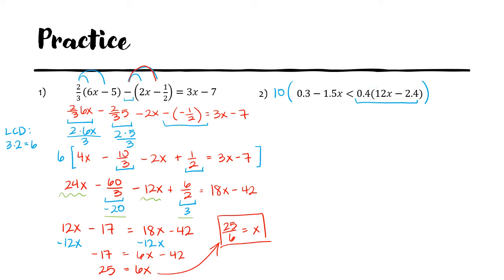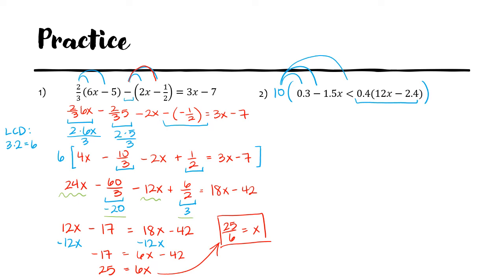So when I multiply by 10, I'm going to be multiplying 0.3 by 10. I'm going to be multiplying negative 1.5 by 10. And I'm going to be multiplying 0.4 by 10. But I am not going to multiply these guys by 10, because I'm already multiplying 0.4 by 10, and those things are already being multiplied all together.